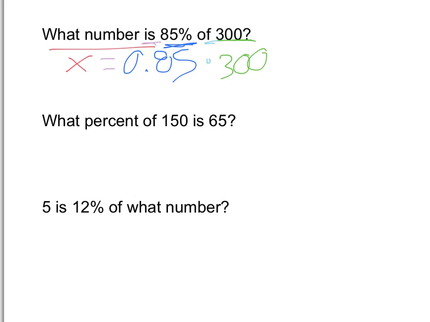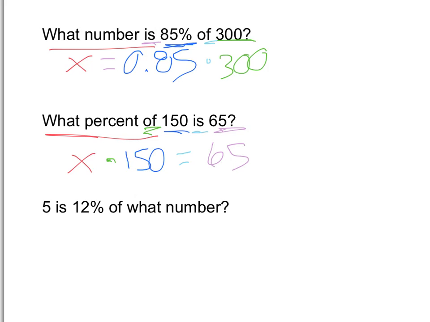Okay, I'm going to set all these up and then we'll go through and solve them. Middle one, what percent? That would just be x. Of means multiply. 150, just write 150. Is means equals. And 65 would just be 65.